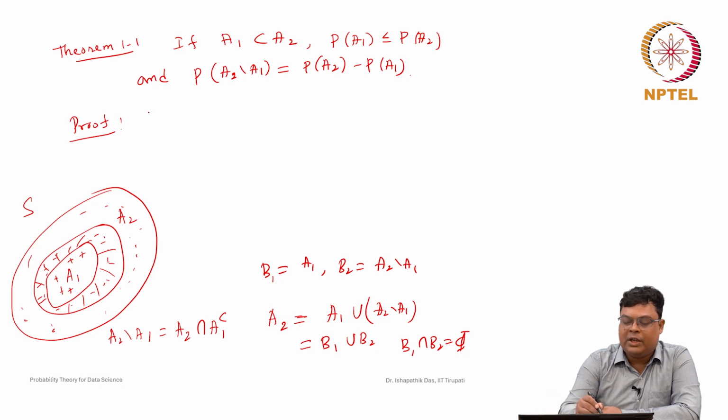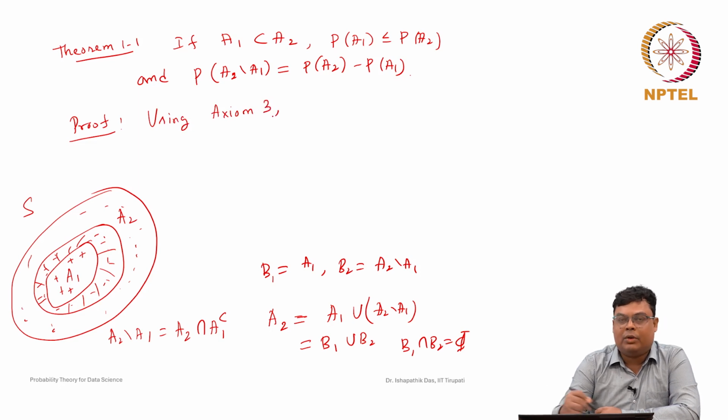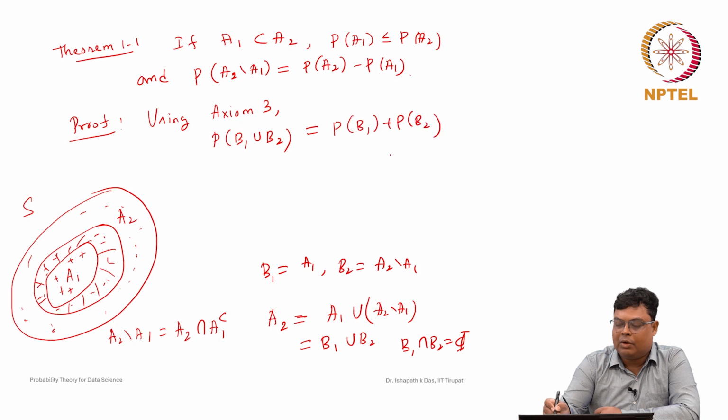So, now using axiom 3, because B1 and B2 are disjoint, the probability of the union is the probability of B1 plus the probability of B2.